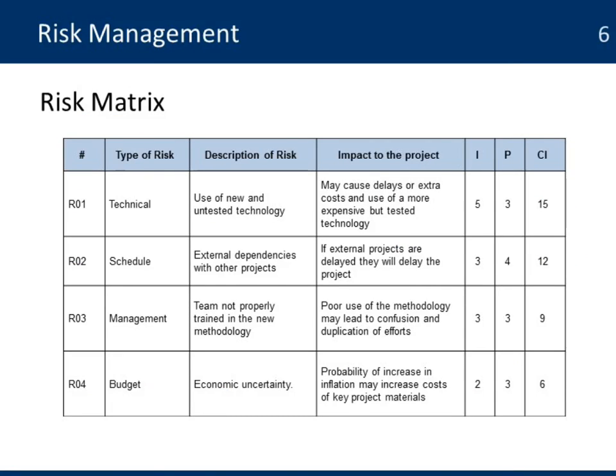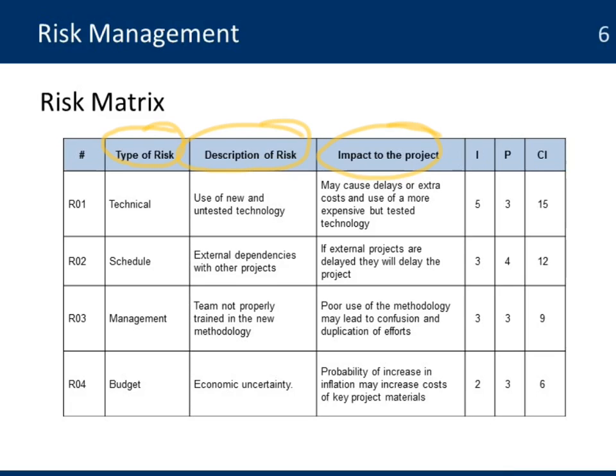Here's the risk matrix. That is a tool that helps you understand and start managing your risk. You first start by identifying the type and a description of the risk. The type of risk could be technical, schedule, or even budget. Then a good description of the risk: what's going to happen, and what's going to be the impact on the project in terms of cost, schedule, delays, and the quality of the project.